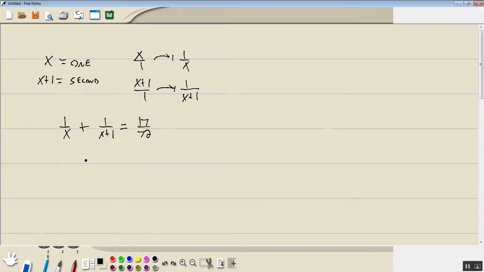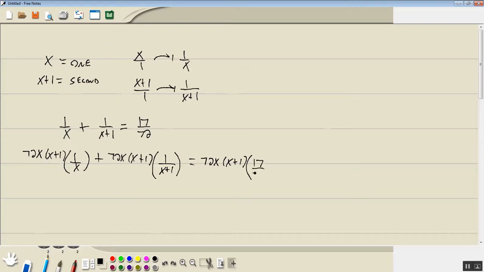Well, I'm going to multiply everything by the LCM of all our denominators, which would be 72x times x plus 1. So multiply that times 1 over x. We'll multiply that times 1 over x plus 1. And we'll multiply that times 17 over 72. So these x's cancel, these x plus 1's cancel, these 72's cancel.